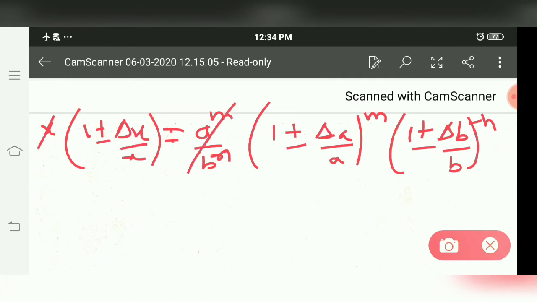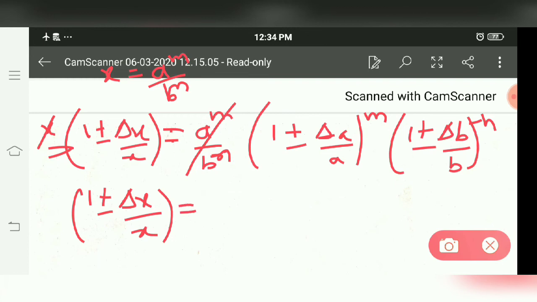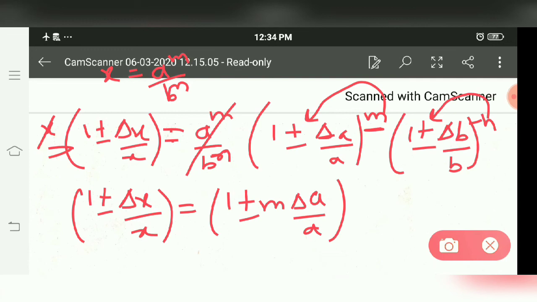This x will get cancelled with this, because x is again a raised to power m, b raised to power n. So 1 plus minus delta x upon x is equal to, applying the binomial theorem, 1 plus minus m delta a upon a, 1 minus plus n delta b upon b. Again we can write it as plus minus.